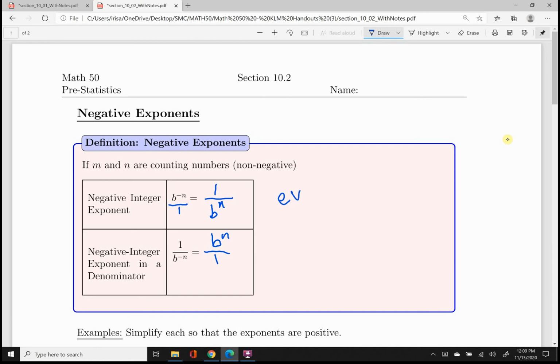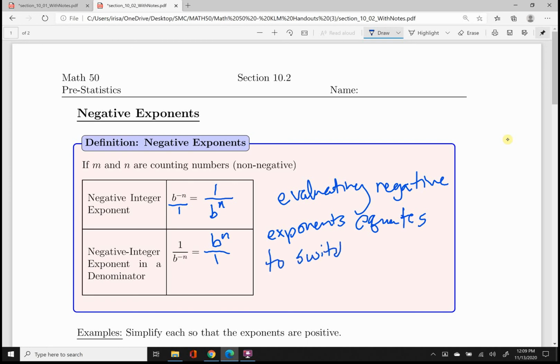So, evaluating negative exponents equates to switching its position from either upstairs or downstairs and removing the negative sign.